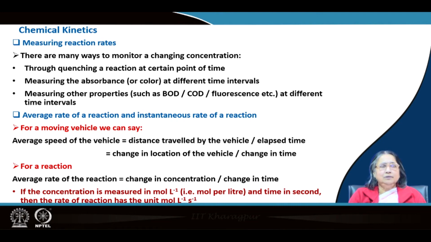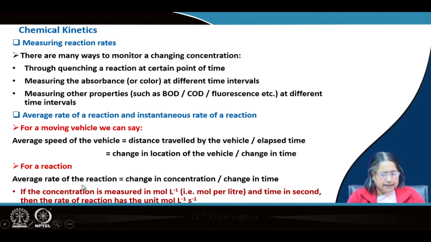Say, for example, for the first 1 hour from the initial time, I see what distance I have covered and what time I have taken to cover this distance. Then the average speed will be the distance travelled by the vehicle divided by the elapsed time. That is the average speed. This is for a vehicle, but for a reaction, how can you see the rate?